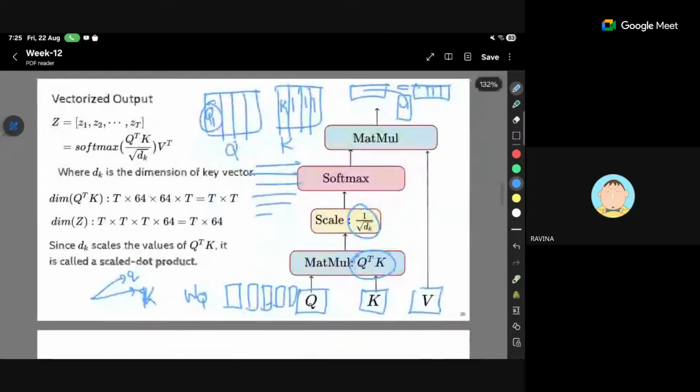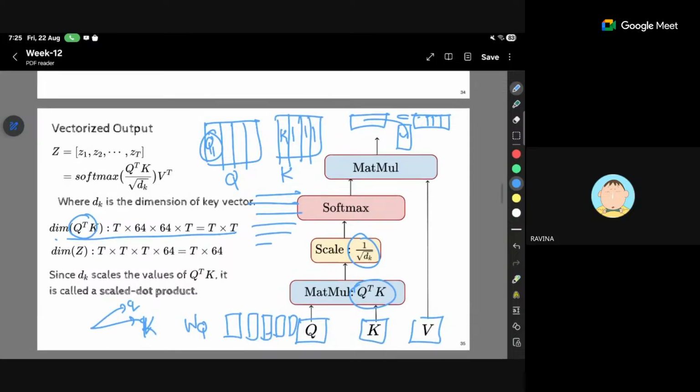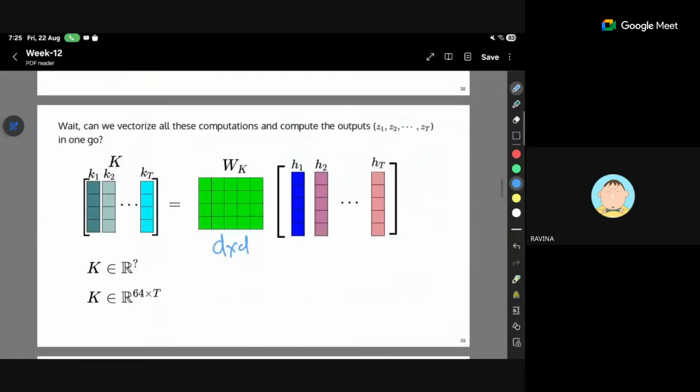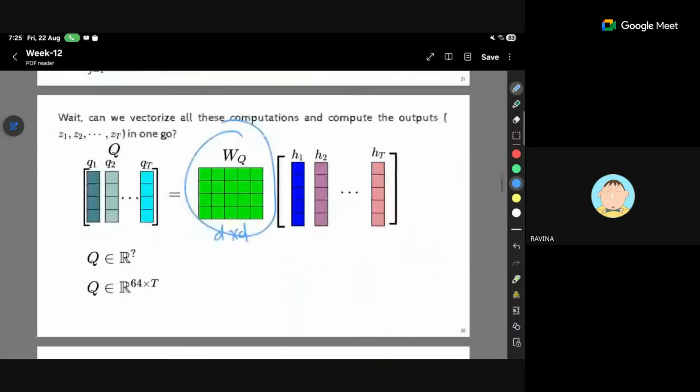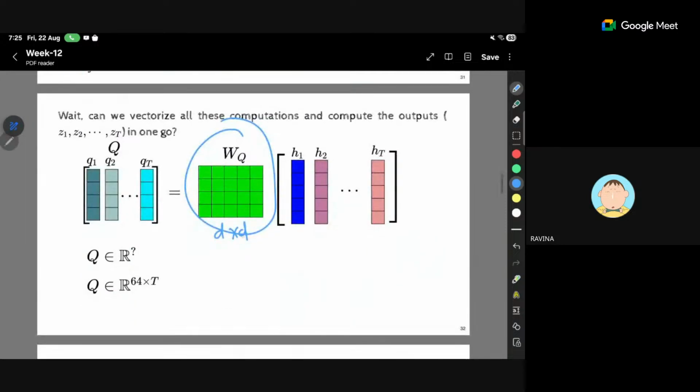So now if you find the dimension of this, then Q, for that I think I need to solve this. So this is D cross D. In this case, D they took as 64, and there are T of them, right?